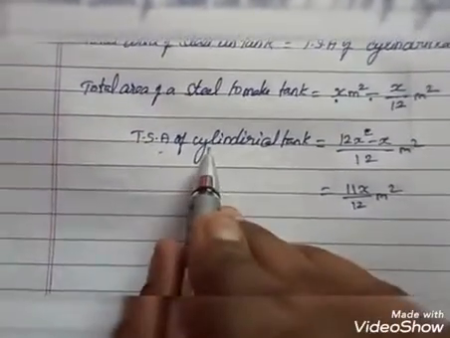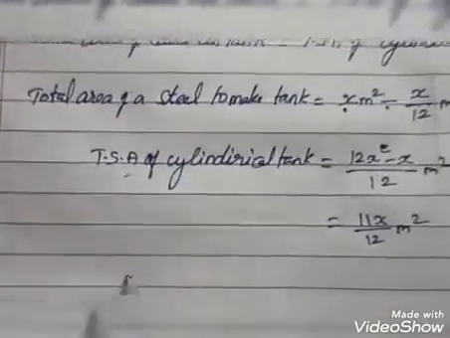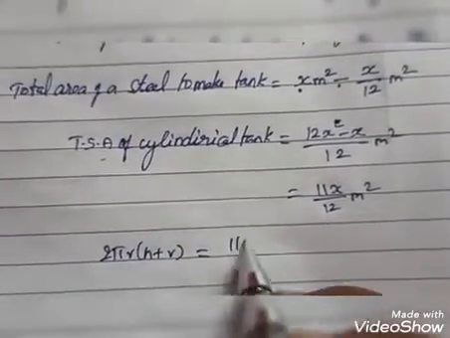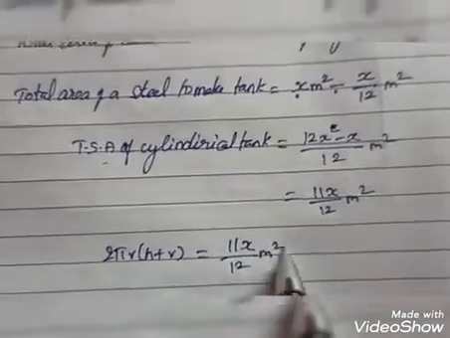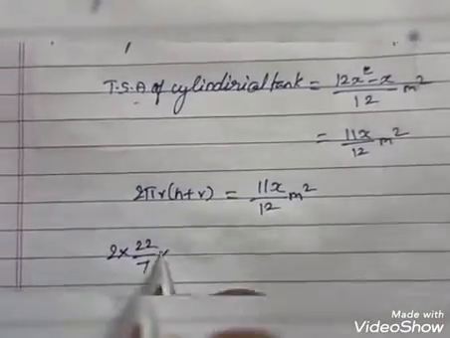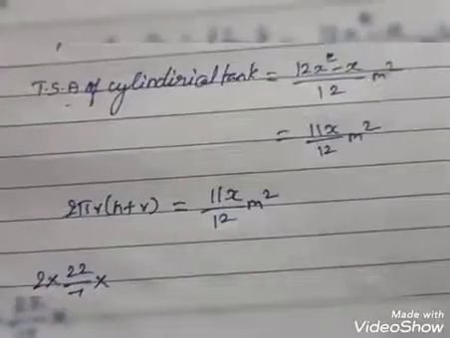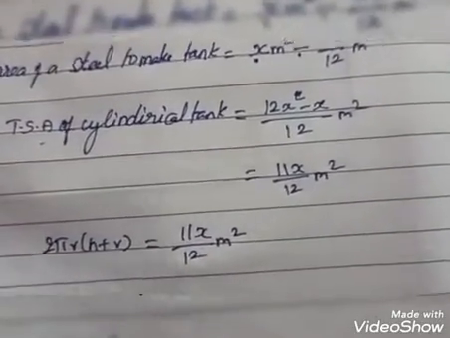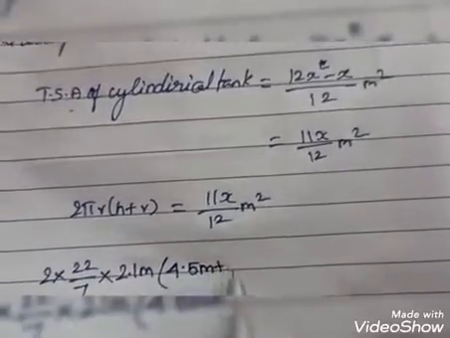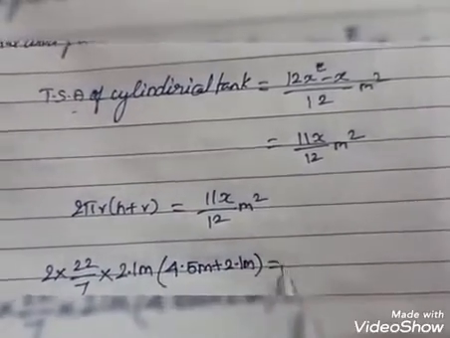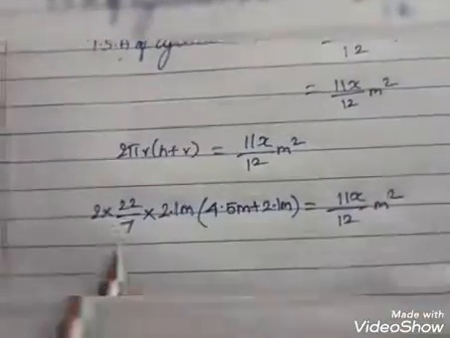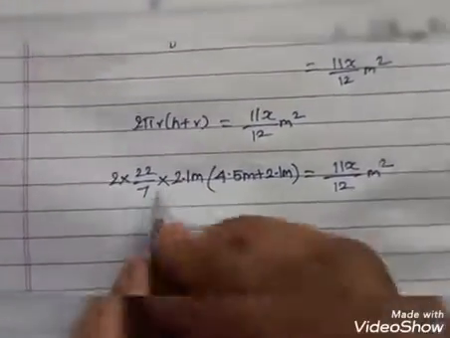So total surface area of a cylindrical tank is nothing but 2 pi r (h plus r), which is equal to 11x by 12 meter square. You know the value. So 2 into 22 by 7 into what is the radius? 2.1 meter, and then height is 4.5 meter plus 2.1 meter, which is equal to 11x divided by 12 meter square.